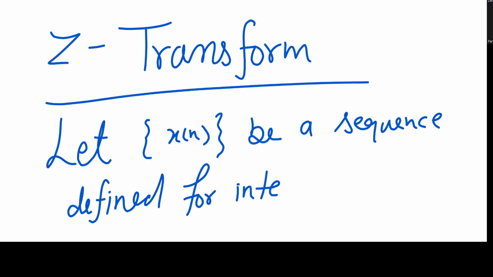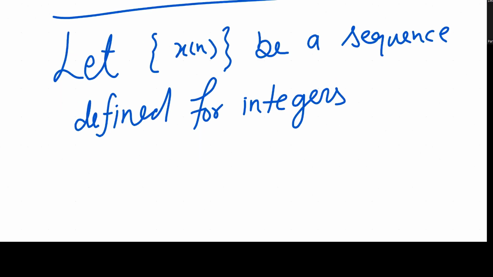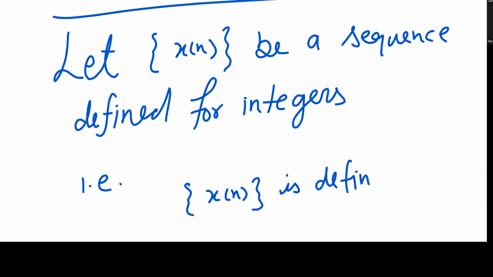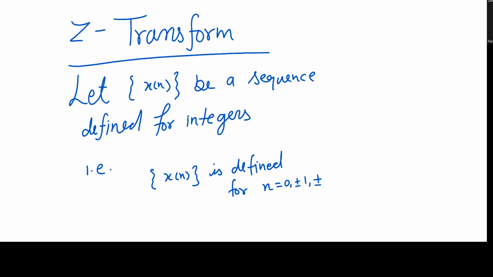In short, we can say x(n) here is defined for n equal to 0, plus minus 1, plus minus 2, plus minus 3 and so on.